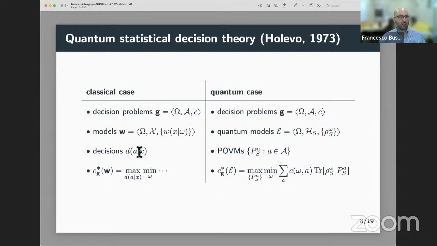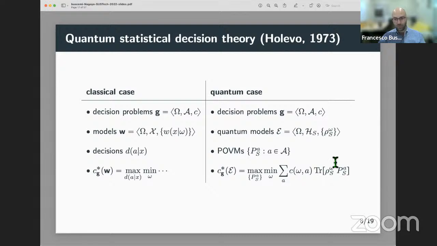They are not going to be any more conditional probability distributions, but in most generality, you can consider POVMs, which stands for positive operator valued measure, which are collections of positive semi-definite operators summing up to identity. But just by replacing models with quantum models and decisions with quantum decisions, again, you can introduce this max-min expected payoff like this.